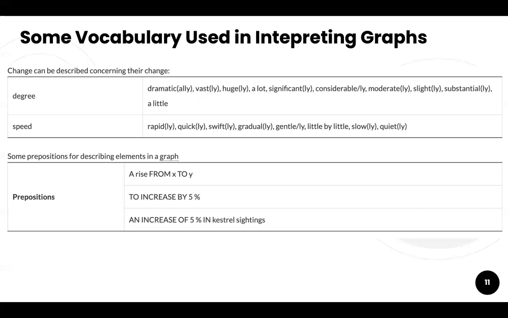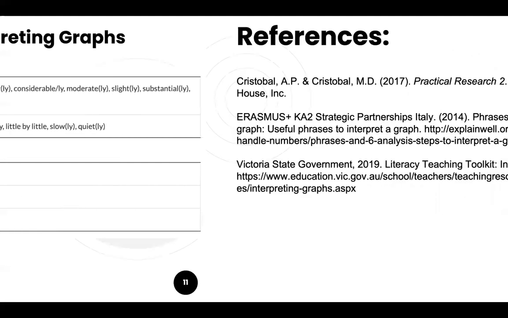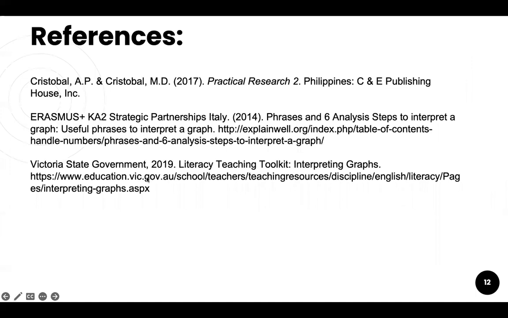And an increase of 5%, so an increase of 25%. All those prepositions you can use. What I have introduced are some of the vocabulary words that you can use. This is taken from an online website. These are the references that I used for this presentation.